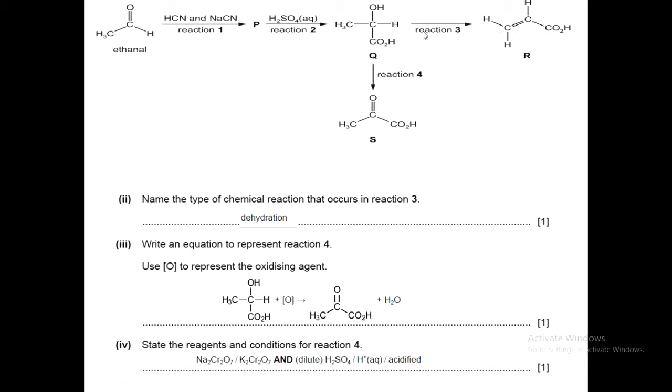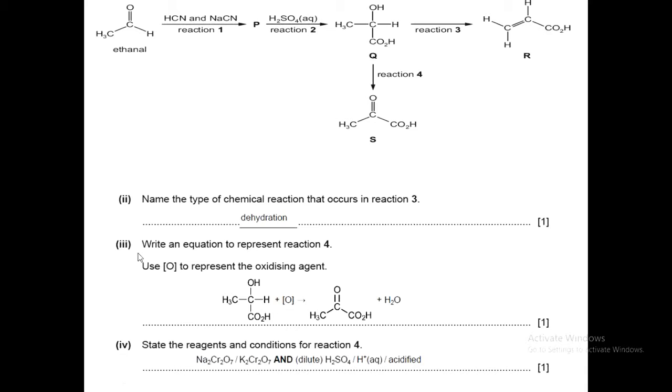So basically alcohol is converted into an alkene. The reaction for the conversion of alcohol to alkene is dehydration, and you would need concentrated sulfuric acid or alumina, Al2O3, at 350 degrees Celsius. You can go through your notes to see the reaction and refer to it.